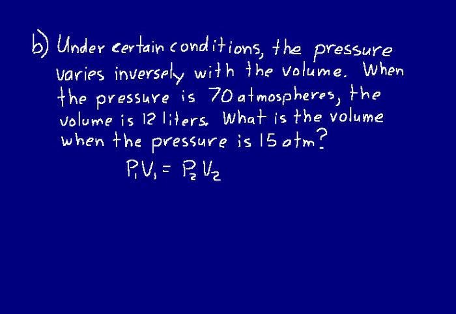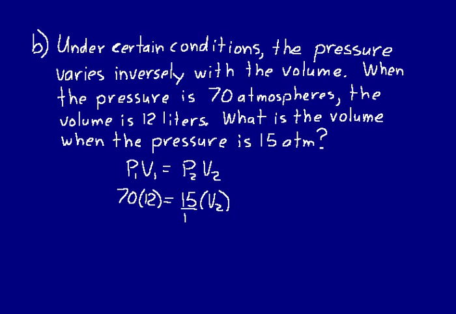So we'll have, for an initial pressure, 70 atmospheres, or ATM. ATM is an abbreviation for atmospheres. That's just a unit for pressure. And then the volume initially was 12, so we have 70 times 12 is equal to P2, which is 15 atmospheres. So that pressure went down, so we should expect our volume to increase.